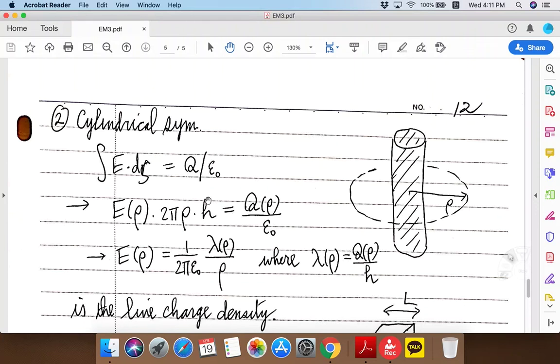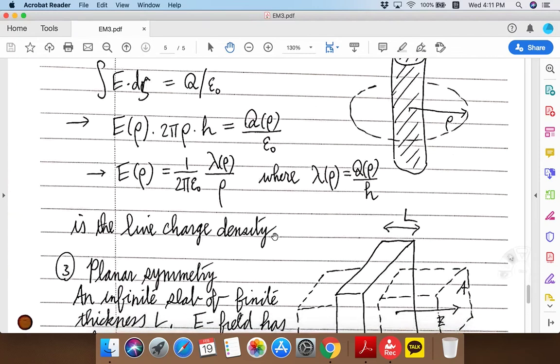Then this whole thing equals the charge that is trapped up to the distance of rho divided by the electric constant. So again, dividing by this geometric factor, you arrive at the electric field strength that falls off as the inverse of the distance, and scales with the linear charge density, which I wrote as lambda.